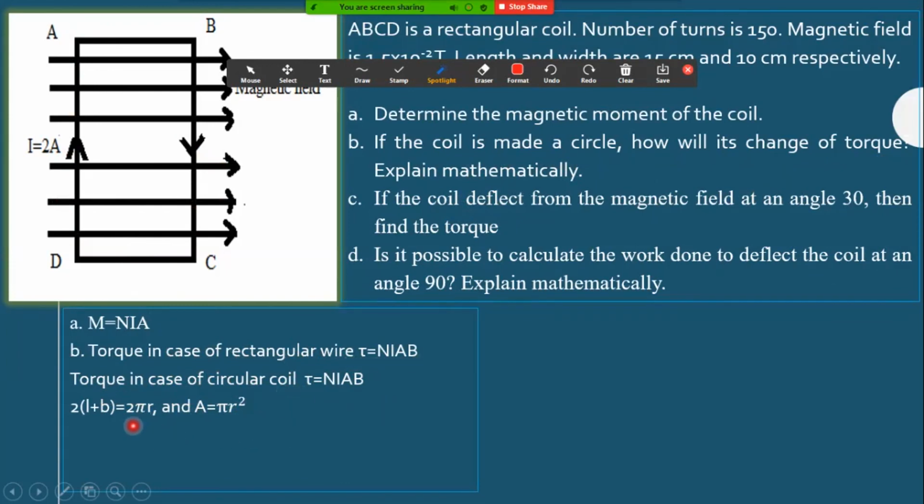For finding the area, I have written here 2L plus 2B is equal to 2 pi R. From this, you can find R, and then you will get A is equal to pi R square, and then you will be able to find the difference between the torque of a rectangular wire and a circular coil.